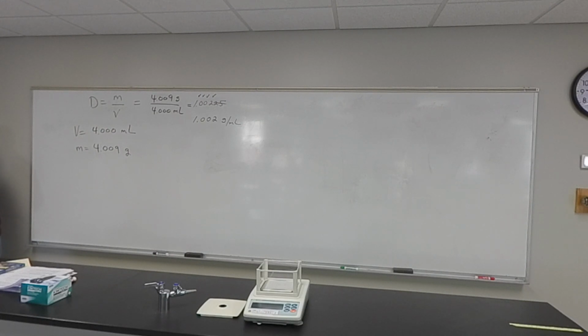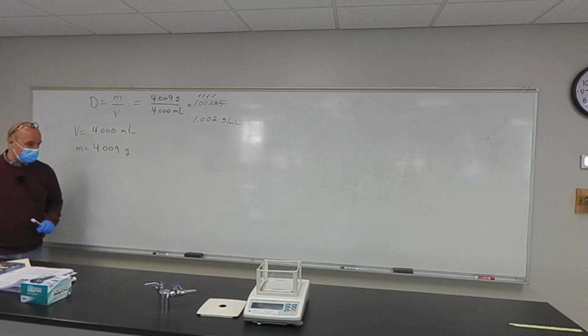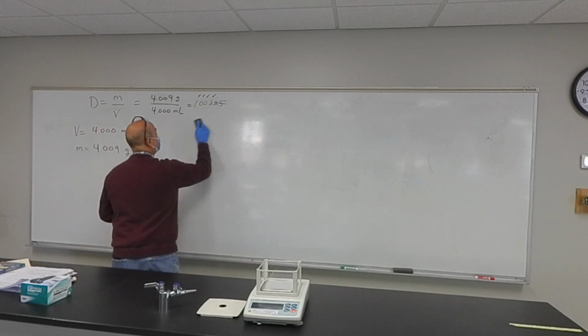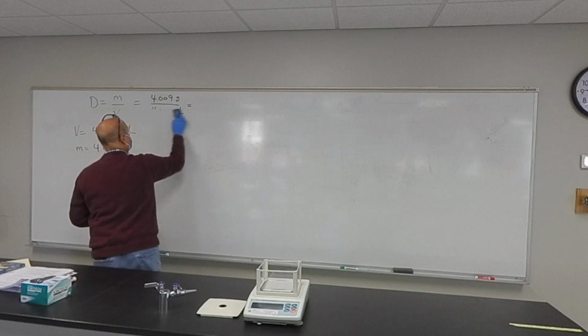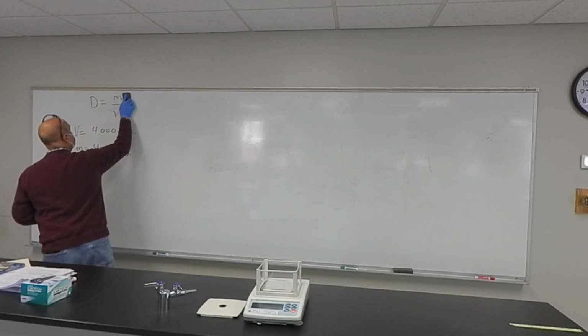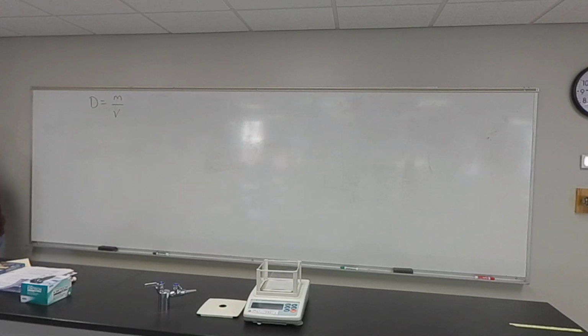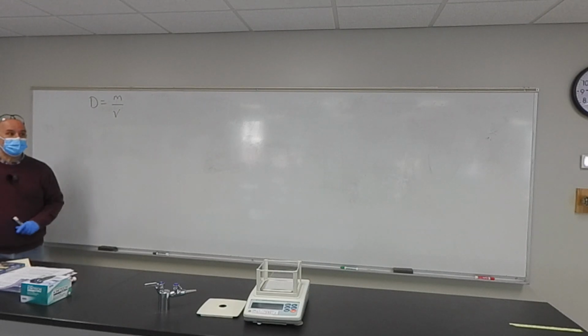However, what we will do is I'm going to see if I can find a problem in which you have to find the mass given the density or the volume, or find the volume given the density and the mass. That's another possible problem.